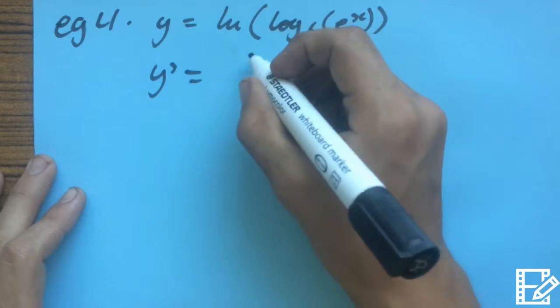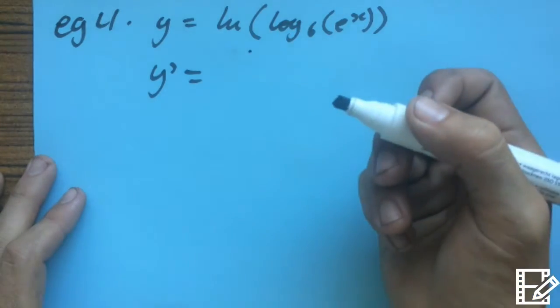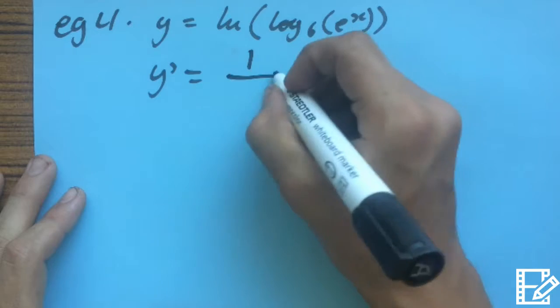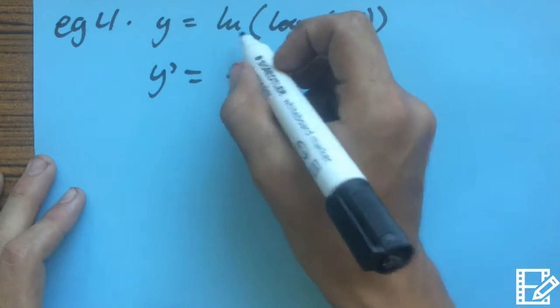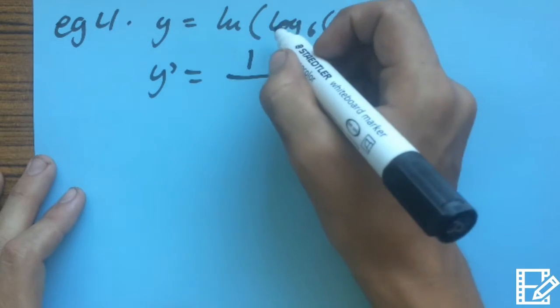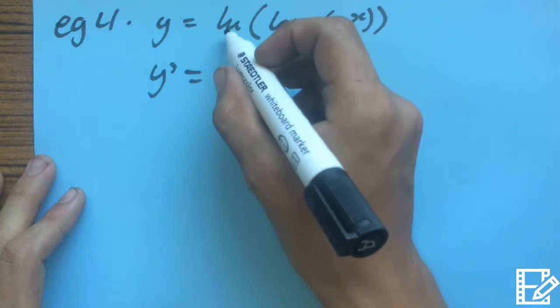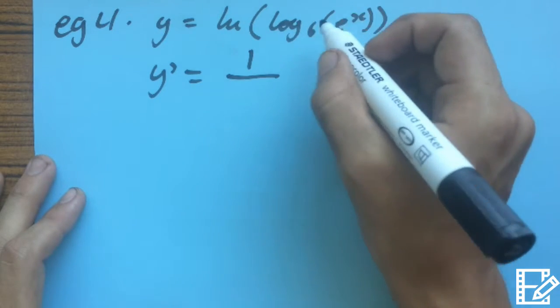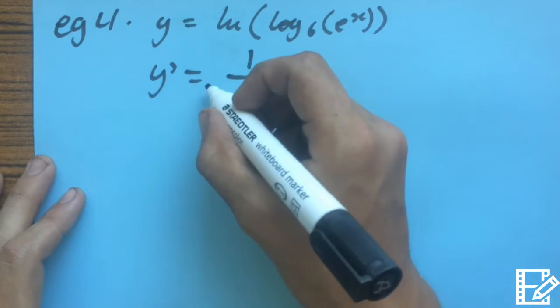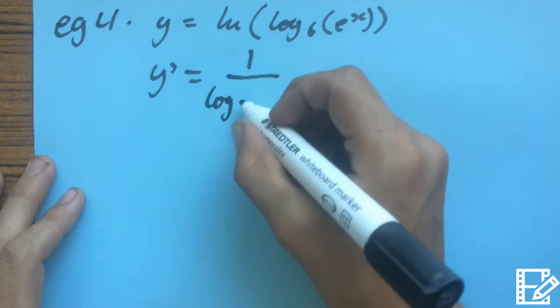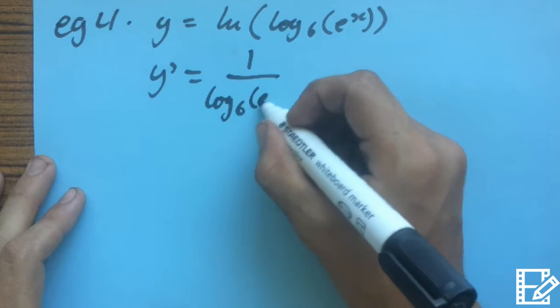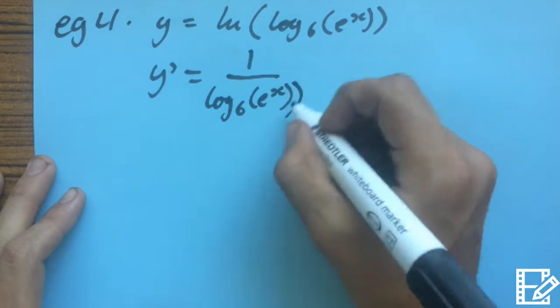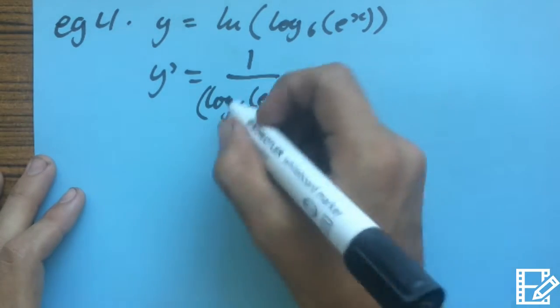Derive natural log. The derivative of natural log x is 1 over x. But here we have the natural log of log 6, e to the x. So that's what we're going to write: 1 over log to the base of 6, e to the x. That's our variable, well, we're treating it as our variable.